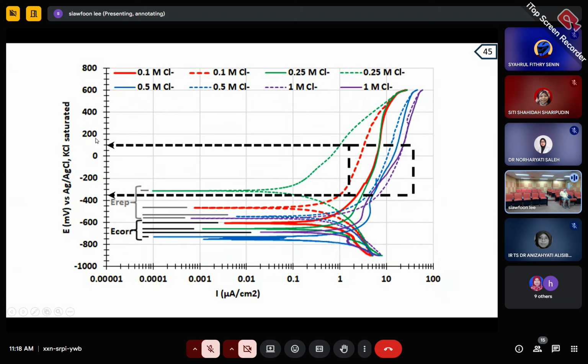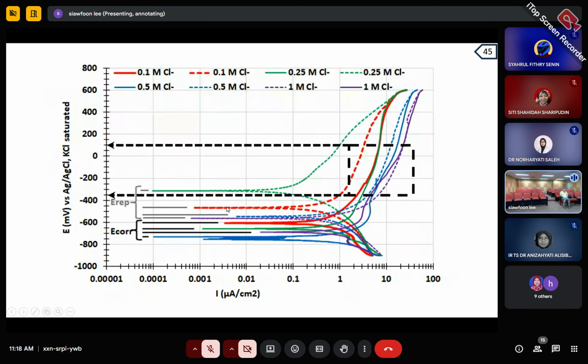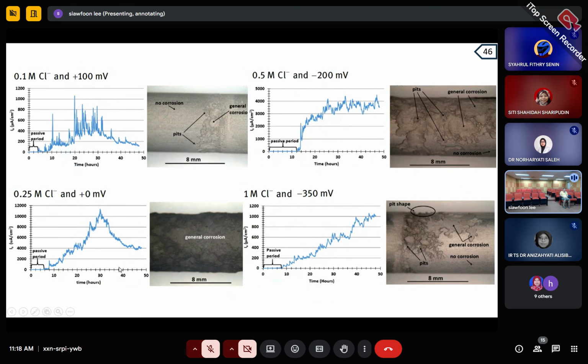This is the polarized potential. For 0.25, I go to 0, and for 0.5, I go to negative 200, and for 1 molar, because the concentration is very high, I apply close to negative 350, for 48 hours.